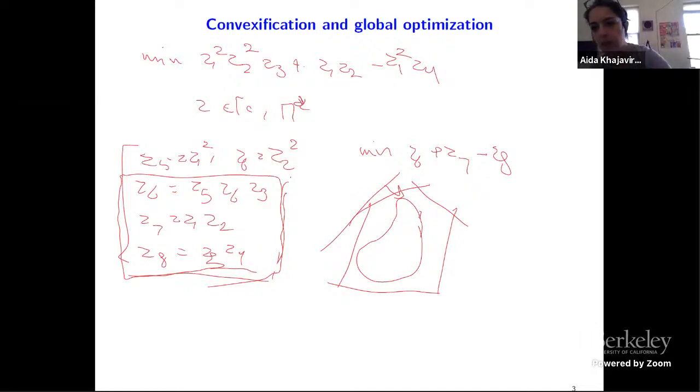And now if I minimize over this polytope instead, in this case, let's say I get this point, which is not feasible to the original problem, but I get a lower bound on the optimal value of the original problem. So then the idea is, okay, now if I can come up with some type of iterative scheme such that I can get these tighter and tighter convex relaxations, I can put them in some kind of iterative scheme, let's say branch and bound method, and finally I would converge to the optimal value of the original problem.